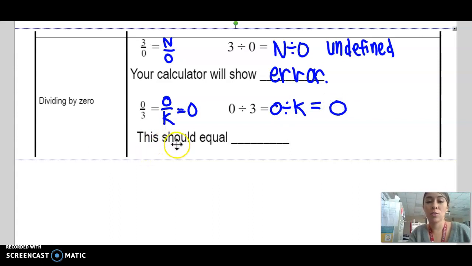So this should equal 0 each time. So when you divide, if you ever have division and there's a 0, you have to be careful because it could either be undefined or it can be 0. So make sure you remember no or okay. And I hope that helps.